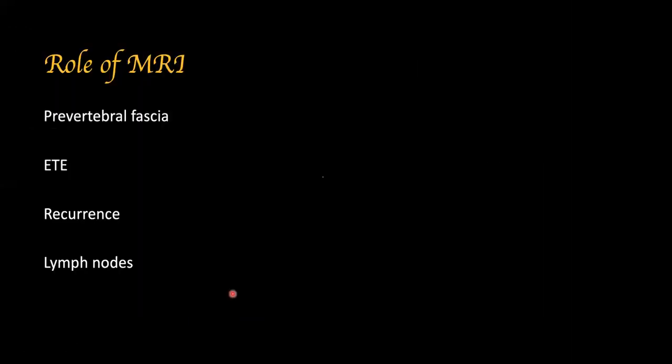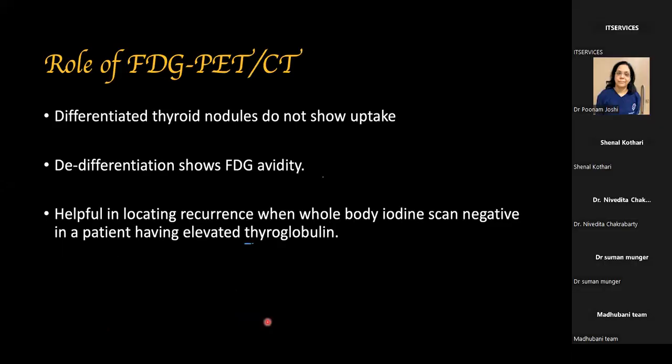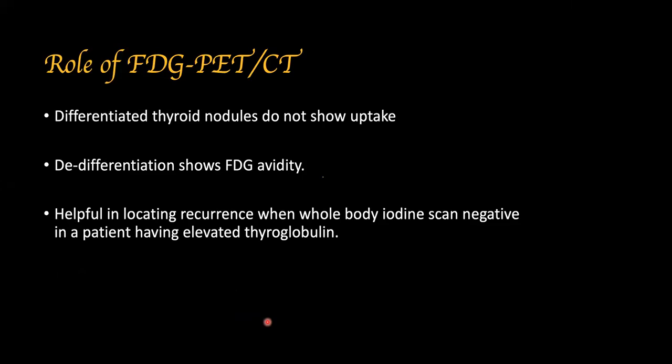Now, role of MRI. As I've told you, MRI is better for evaluating prevertebral fascia and for extrathyroid extension, recurrence, as well as for lymph nodes. A few words about FDG PET-CT. Differentiated thyroid carcinomas, that is papillary and medullary, do not show uptake.